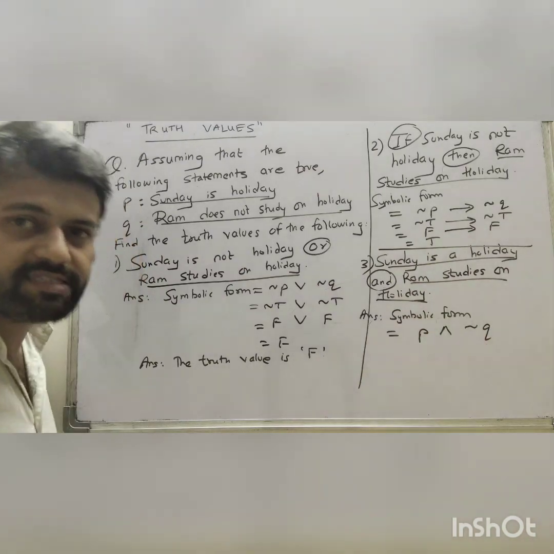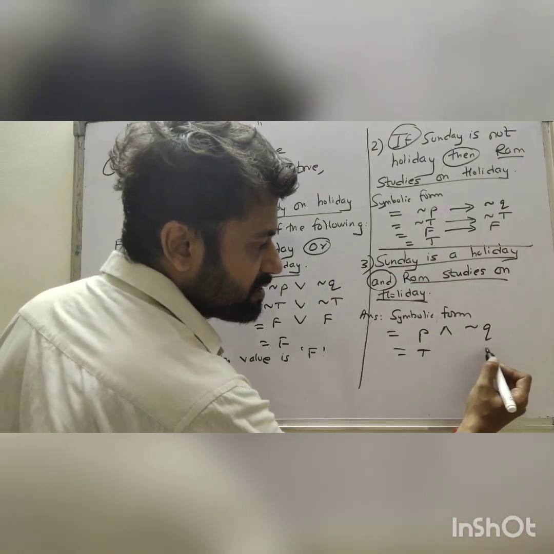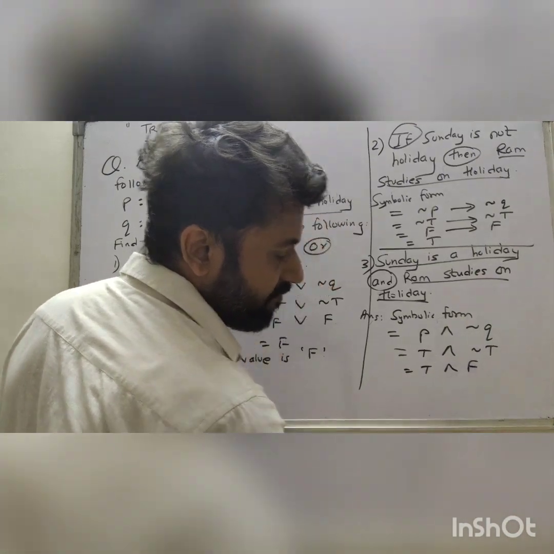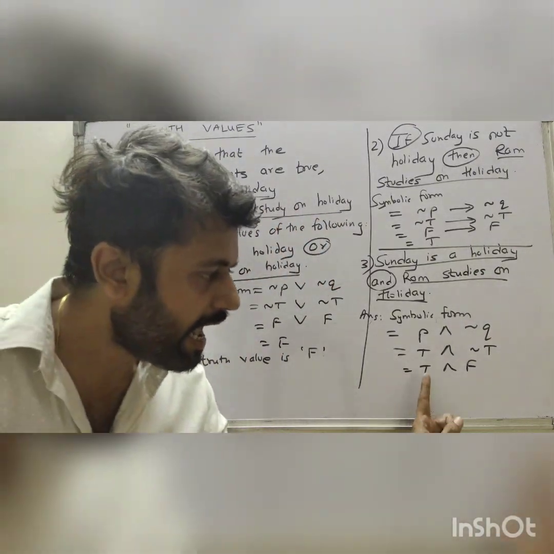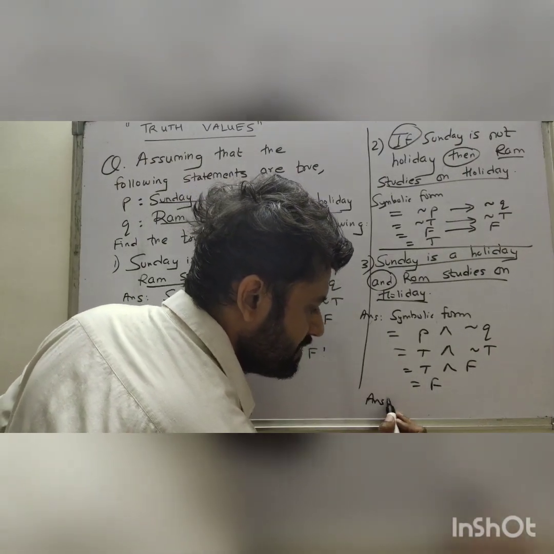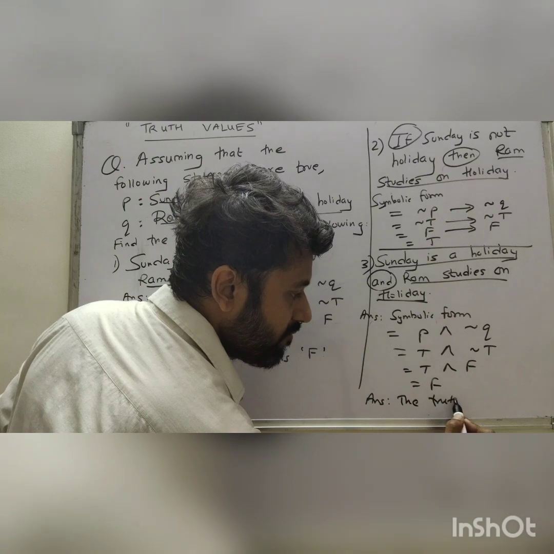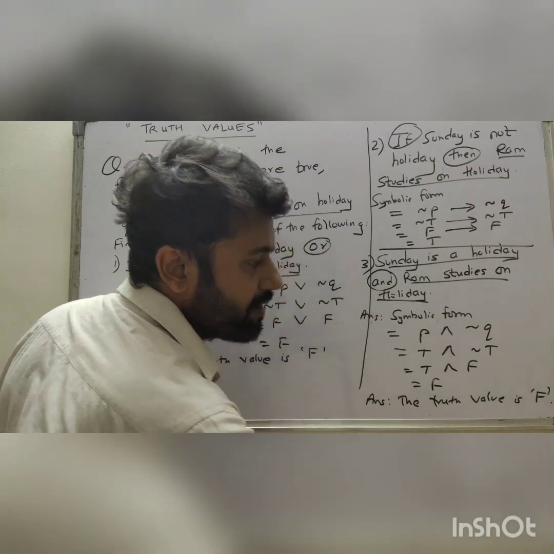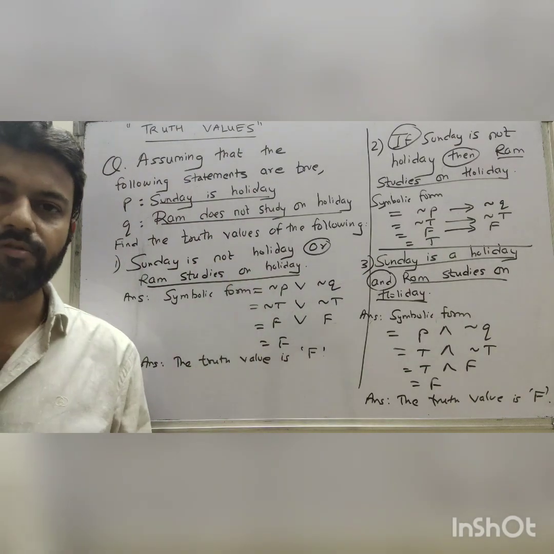Understand symbolic form. Revise symbolic form. P is true. Q is also true. Negation T is F. T and F. Answer is F. The truth value is false. You can write F. Check the question from the textbook.